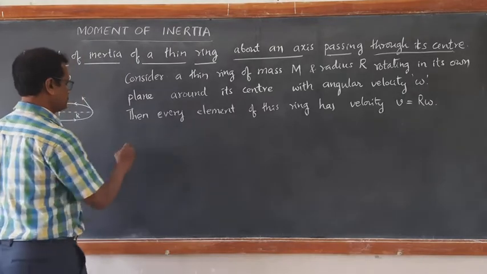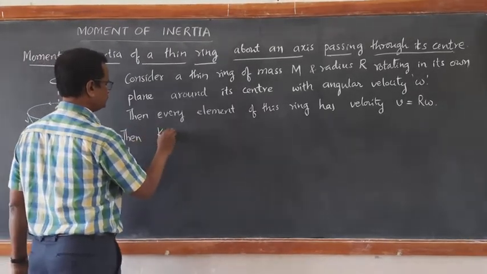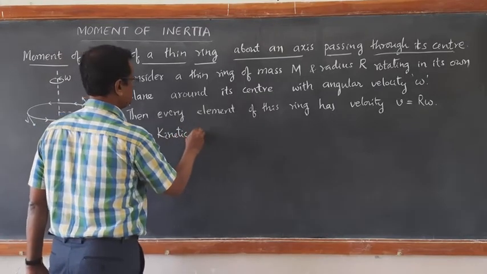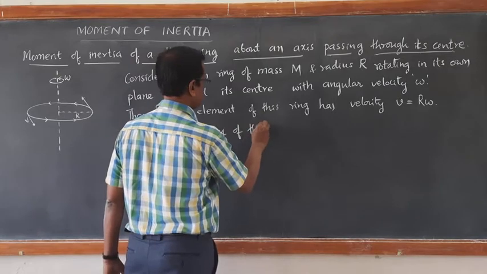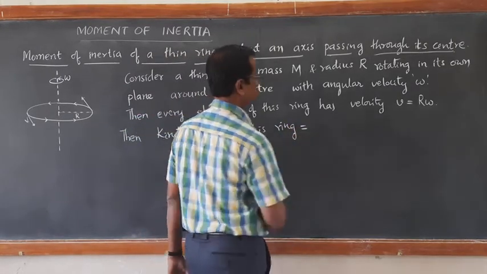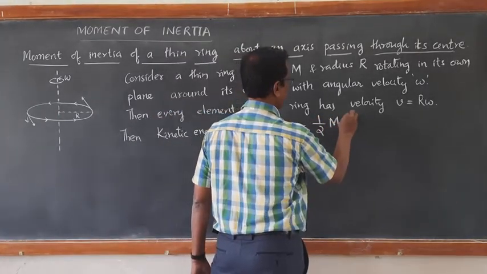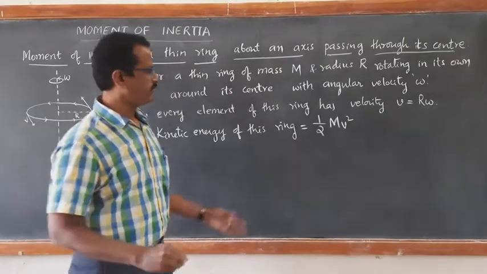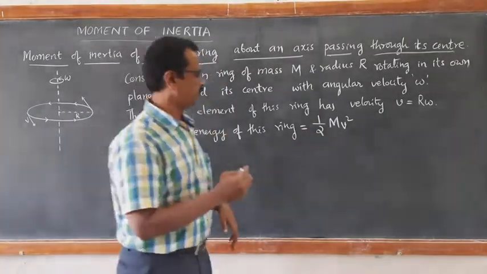Then we can write the kinetic energy of this rotating ring is equal to half M v square, where capital M is the total mass of the entire ring.